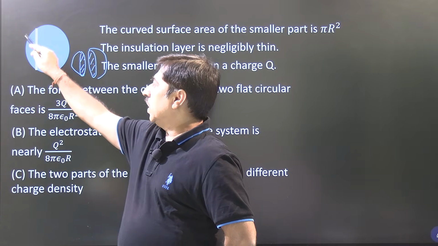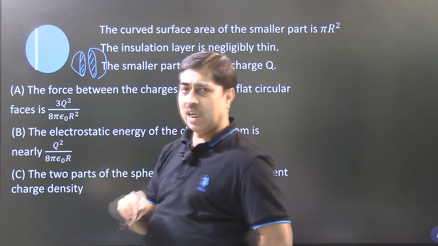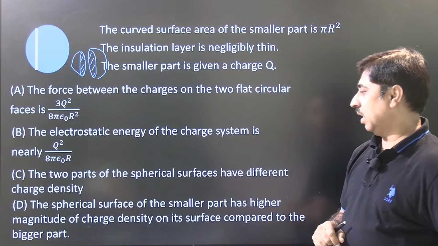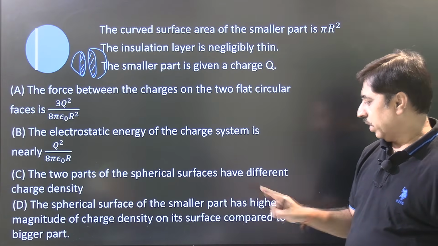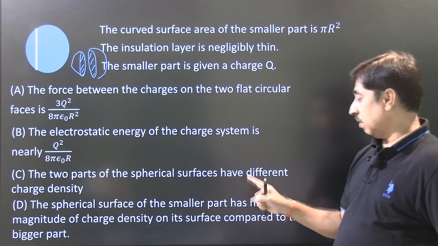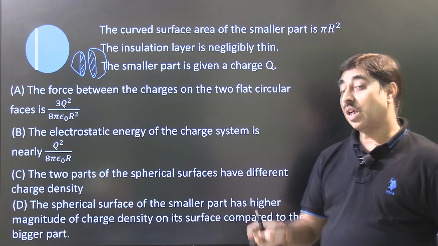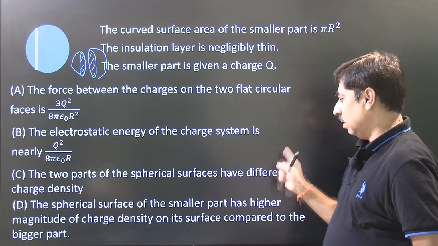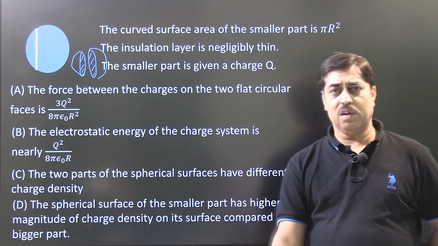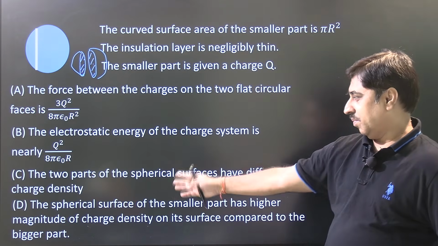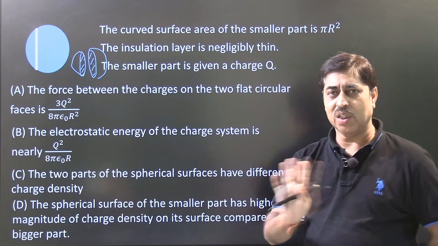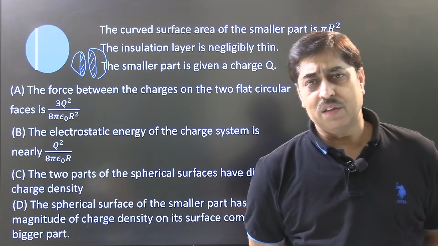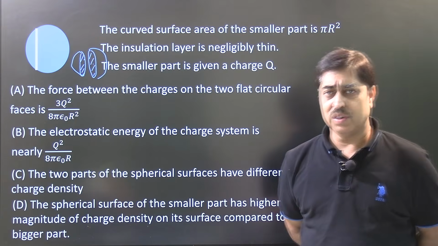So, whether this part and this part have the same charge density, that is what you have to decide. And the last statement says the spherical surface of the smaller part has higher magnitude of charge density on its surface compared to the bigger part. That means C and D are more or less asking you one thing only, something about the charge density on the spherical surface of the two parts of the sphere.